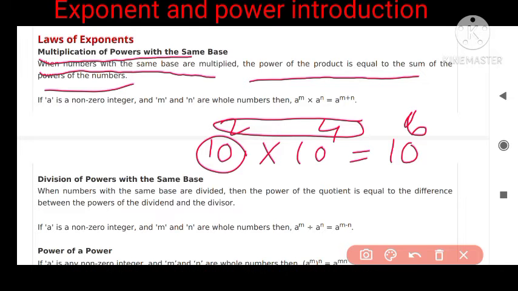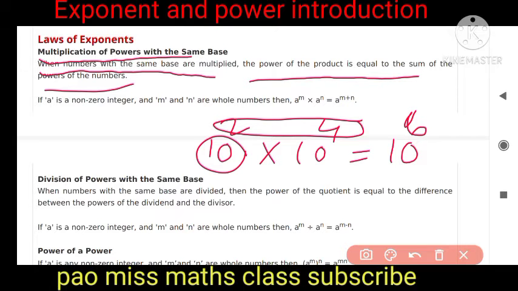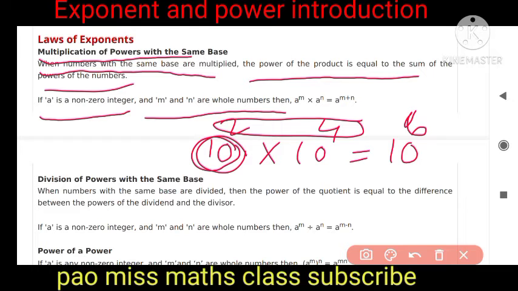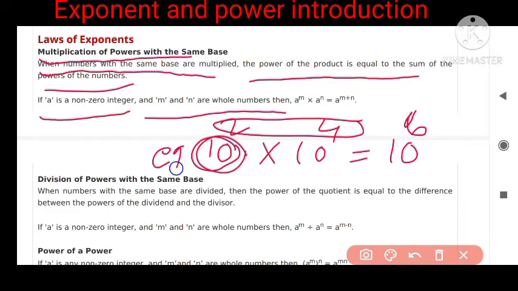So the first law of exponents is: if a is a non-zero integer, a should be non-zero, it should not be 0, and m and n are whole numbers. Here m is the whole number 2 and n is the whole number 4, this is my example.